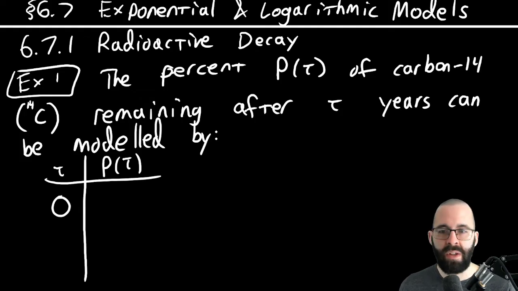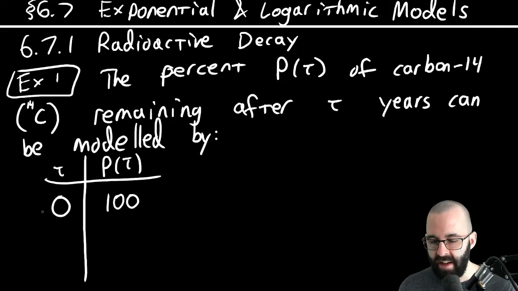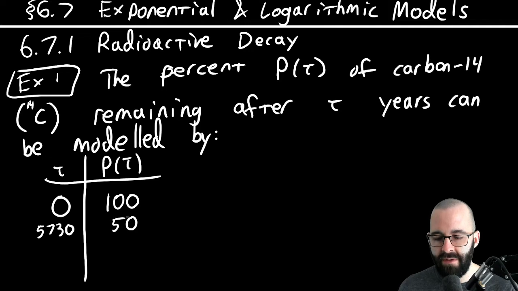So originally, right now, what percent do we have remaining? Well, let's just say we have 100%. Then after 5,730 years, I'm going to tell you that we now have 50%.